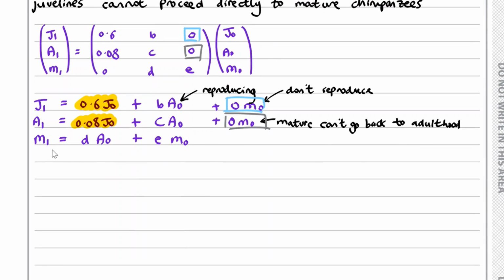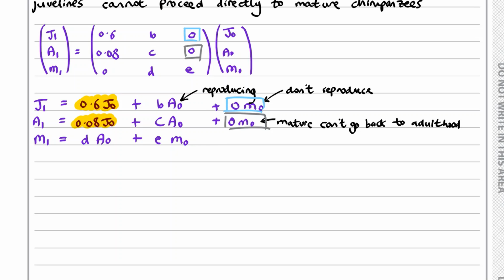And the next thing, mature adults, that's equal to a proportion of adults that grow up into maturity. Okay, so these adults go into maturity. That's the DA0. And then we have this EM0, which is those that remain. So the EM0 is the bit that survives and remains.